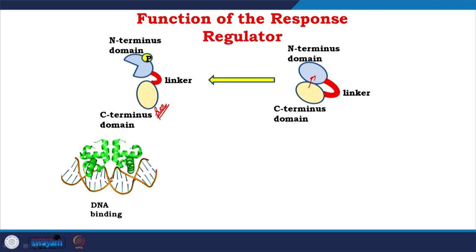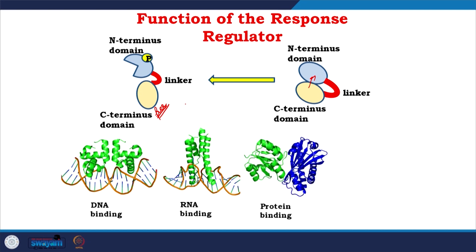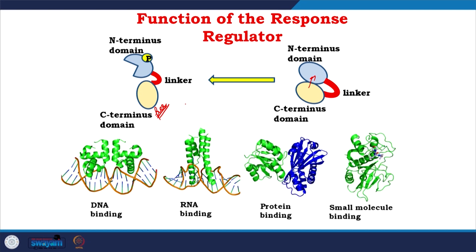Like you see here, the C-terminus is binding to a DNA, here it is binding to an RNA, here it is binding to a protein, and here it is binding to a small molecule. So, by binding to different biologically relevant molecules, it actually relays the signal the histidine kinase has received through its receptors.